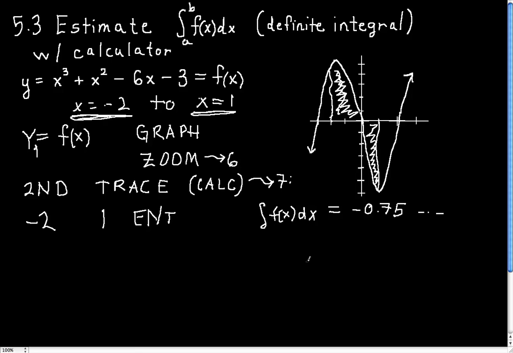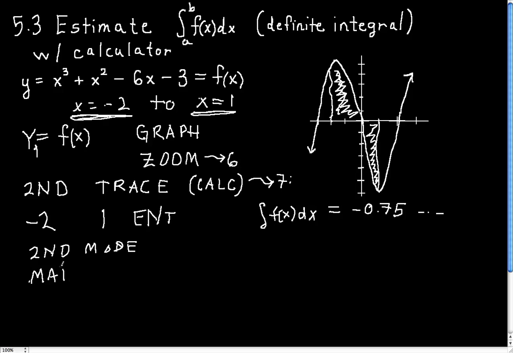Okay, so there's one more way to do this if you don't want to go through the whole graphing rigmarole. What you can do is go to your home screen, so push quit, so second and then mode, and that will take you to what's called the home screen. And once you're there, you can push the math button.